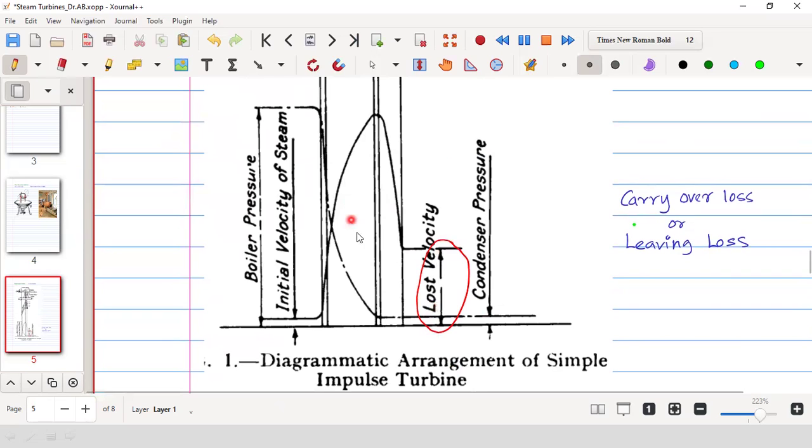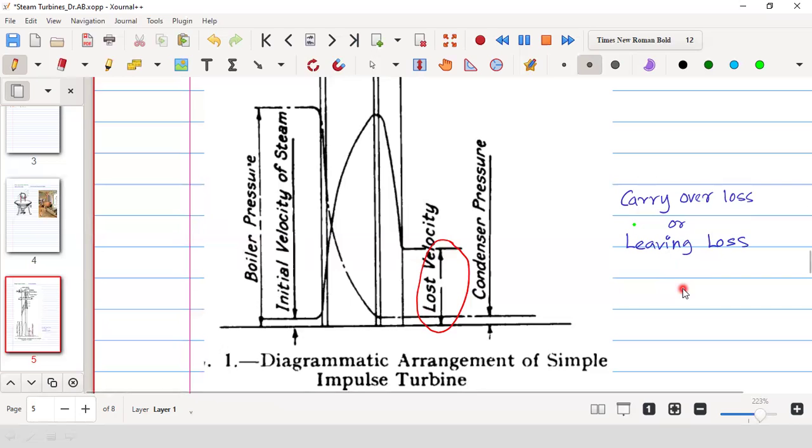In the turbine, we will install such stages like one set of nozzle, then blade, again a fixed blade and moving blade, fixed blade and moving blade, like that, to reduce the carryover loss. So that we don't have to convert the kinetic energy gained by the steam in a single stage. We will have the option of converting it in a number of stages, so that at the exit, the velocity will be less. The carryover loss will be less.